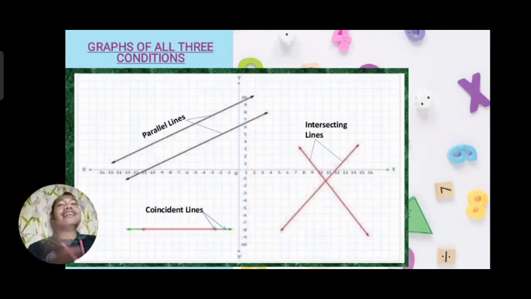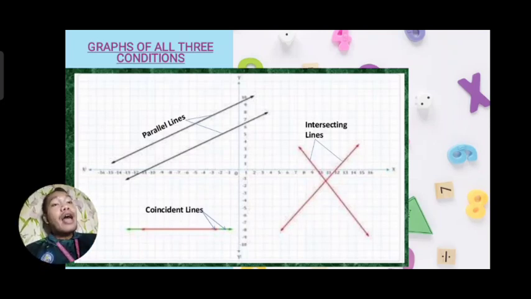As you can see here in the graph, first we will discuss the parallel lines. There is no solution for that, kasi nga, parallel yung kanyang dalawang line. So, hindi natin makikita kung ano ba yung kanyang mga pair of solution, kasi nga, they are parallel. Next, we have the intersecting lines. Here there is only one unique solution for the linear equation.